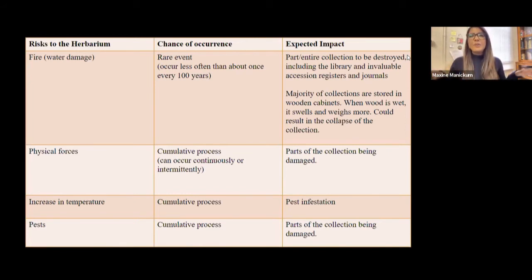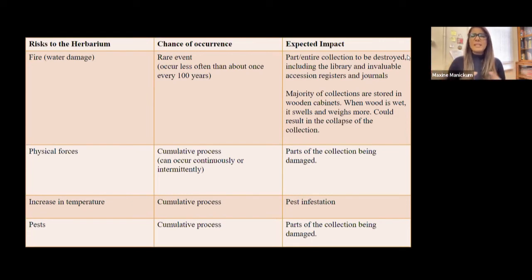Also, the entire herbarium has wooden flooring, and most of the collections are in wooden cabinets. So if a fire had to start, that fire is going to spread quite quickly throughout the herbarium. And this is going to impact the collection. Either part or the entire collection is going to be destroyed, including our valuable library and invaluable accession registers and journals.